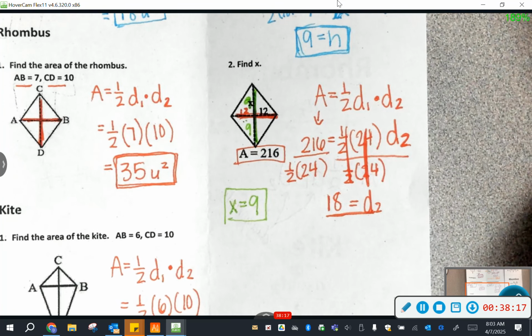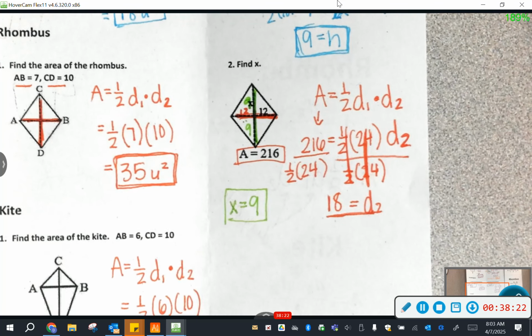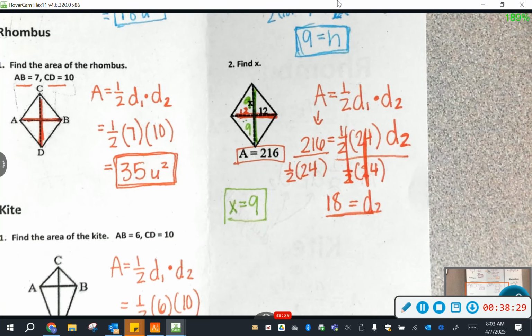Thank y'all for bearing with me. You have taken all of the notes that we are going to do, maybe for this week, maybe not. We're going to glue these in. I don't know if we have time to glue, so we might just put them in the back pocket and glue tomorrow.